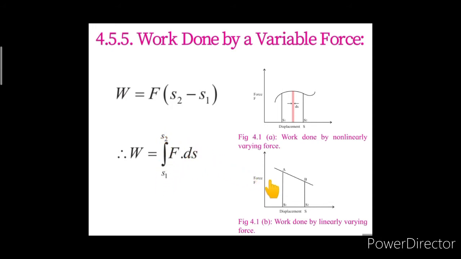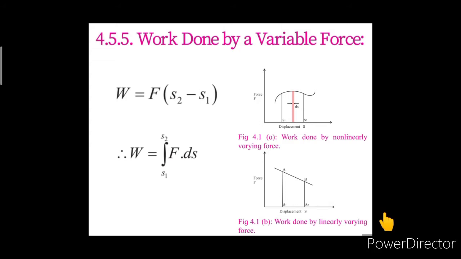But when the force is linearly varying, which is shown in figure B, then the area under the trapezium A S1 S2 B gives the total work done W there. So in this way we can determine and calculate the work done by a variable force.